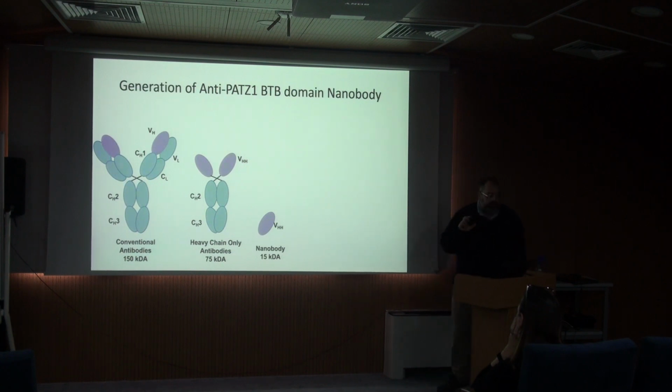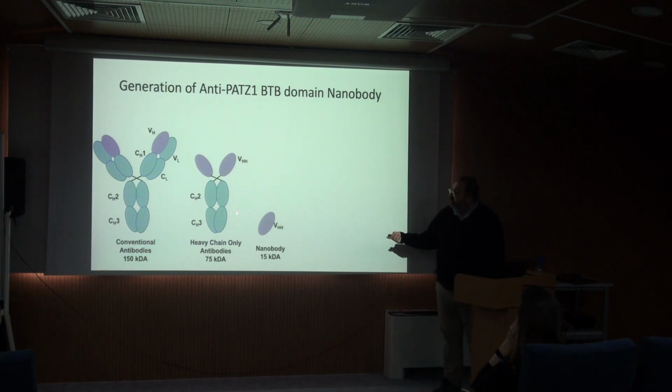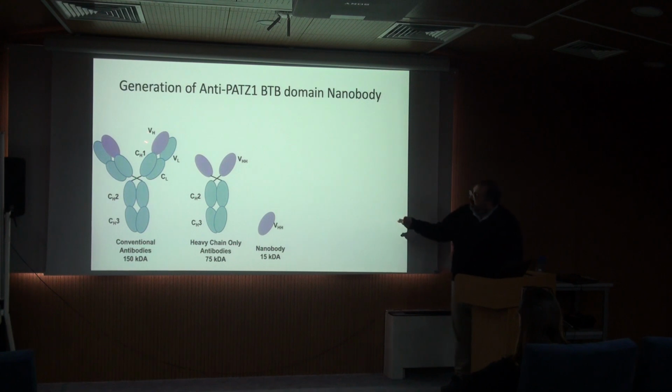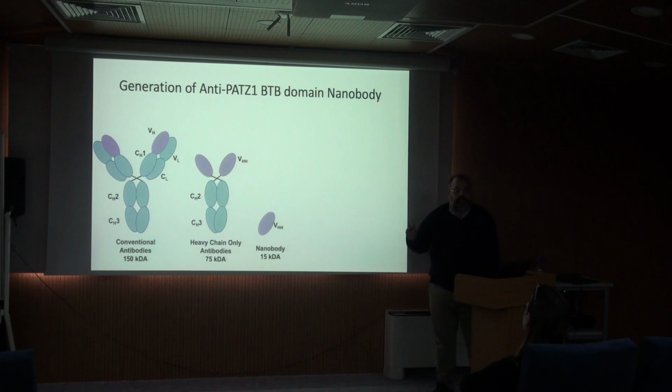But in a subset of animals, so camels, llamas, alpacas, and dromedaries, in addition to the heavy chain, light chain antibody, they have a single heavy chain antibody. And just like the normal antibody, this heavy chain only antibody binds to the antigen using this variable region in the N-terminus.